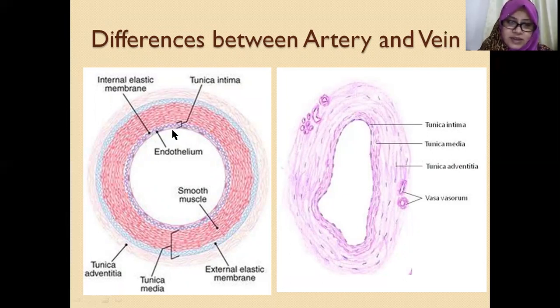In tunica intima layer, in the case of artery, there is endothelium resting on basal lamina, then subendothelial tissue and internal elastic membrane present. And in the case of vein, there is the presence of connective tissue. In the tunica intima of a vein, there is endothelium resting on basal lamina and subendothelial connective tissue present.